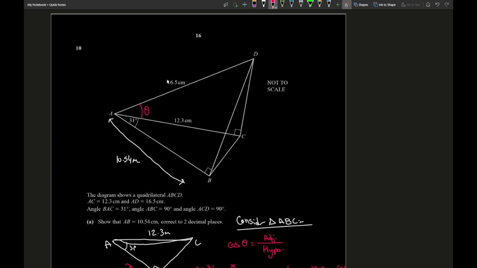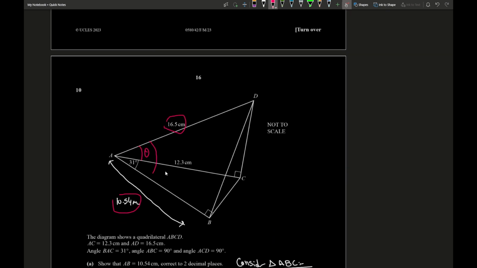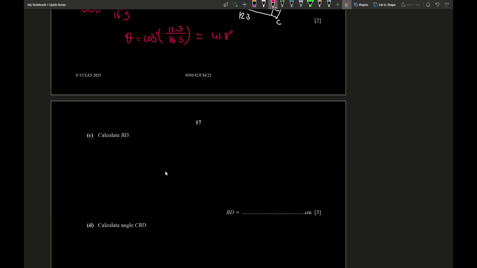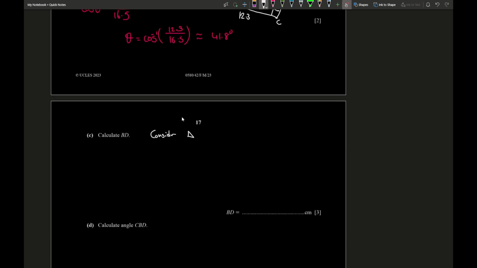We actually have two side lengths and the angle between them, which is angle BAD, the sum of the angle 31 and theta, where theta is equal to 41.8. Let's draw it here. Consider the triangle ABD.